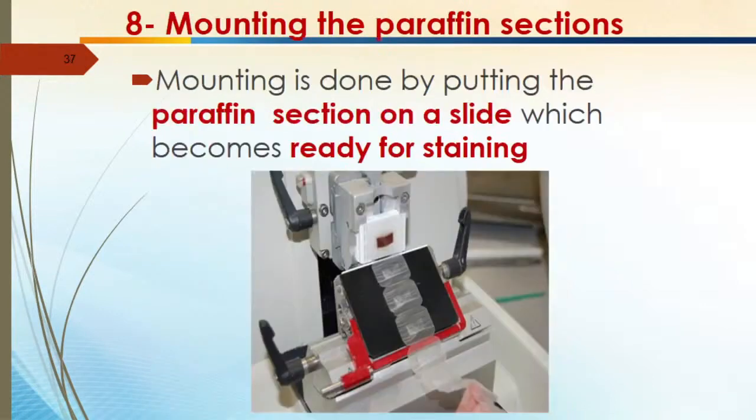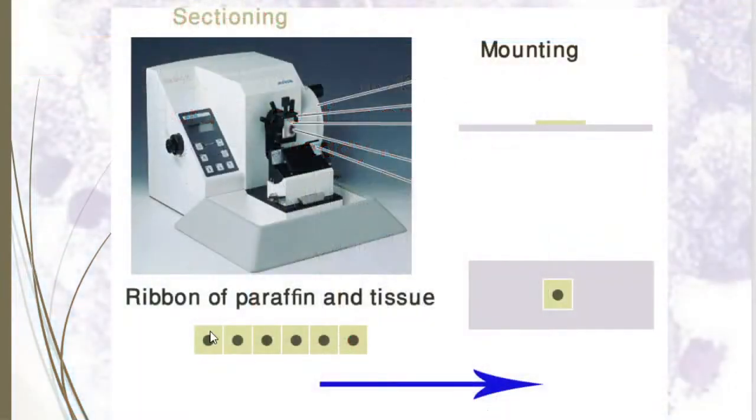The result is the paraffin section for mounting. Mounting is done by putting the paraffin section on a slide, which becomes ready for staining. Look, this is a paraffin ribbon with a tissue. The ribbon is put into a water bath, which is not very cold and not very hot, around 30 degrees.